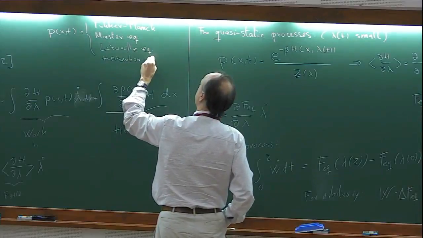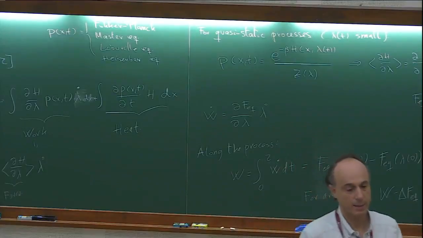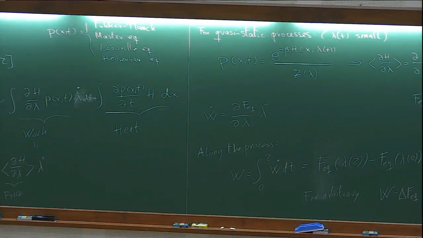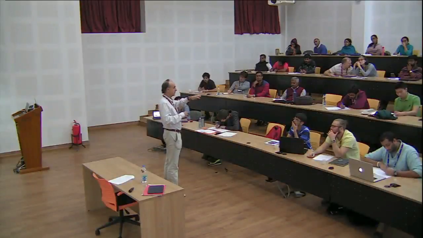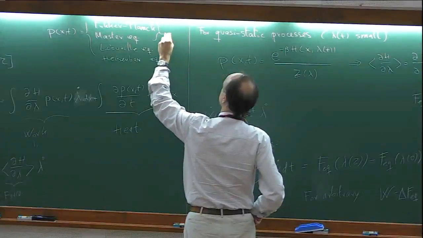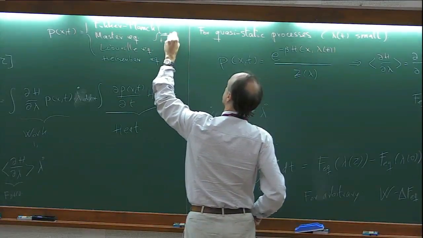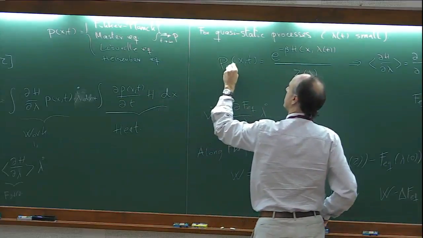So you can have different possibilities for that. And in all these possibilities, the probabilistic state P of x changes. Usually, and not in the last two, the stationary state is this one. When t goes to infinity, this goes to this, let's call it the equilibrium state.